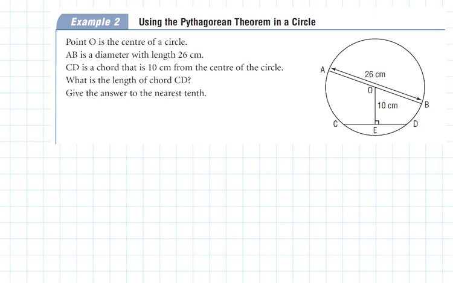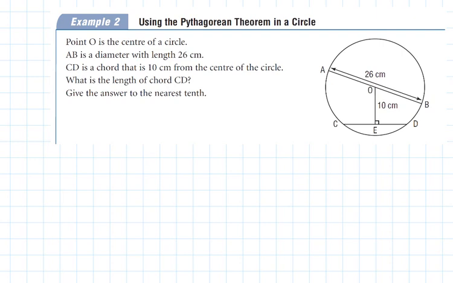So what they're looking for is CD, the length of the chord. Okay, let's see how that is important. Okay, I think now we know. So a bunch of information given to us right here. One thing that you need to know, I guess, is what would you call 26?